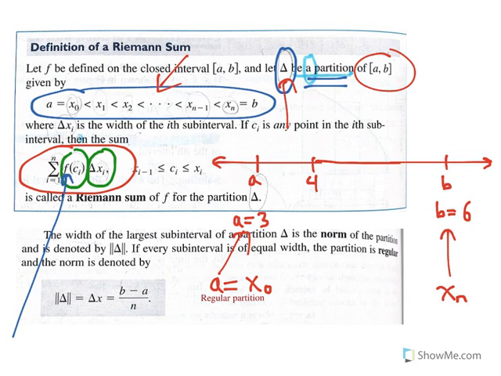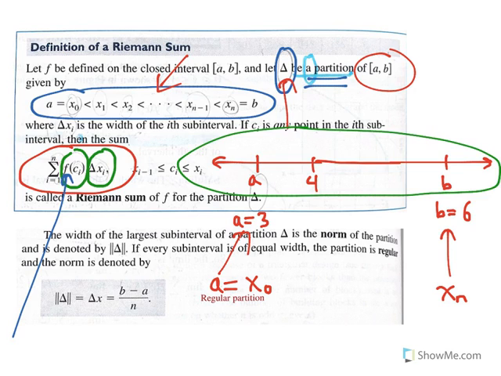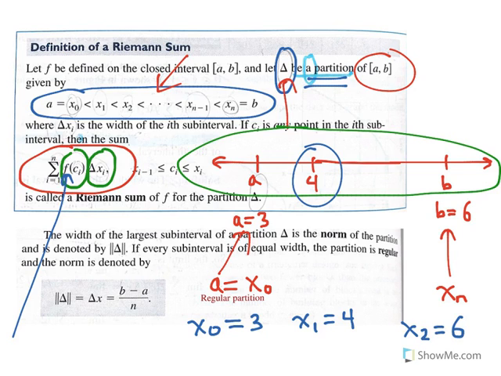So for the example that I gave here, my partition points will be x naught, the left endpoint, which will be 3, x sub 1 will be 4, and x sub 2 will be 6. And what I have here are two subintervals of unequal widths.